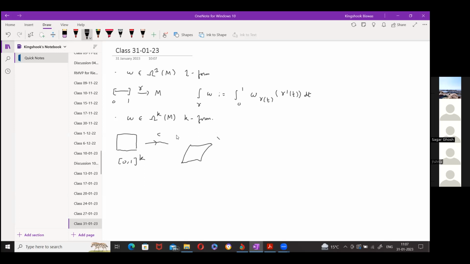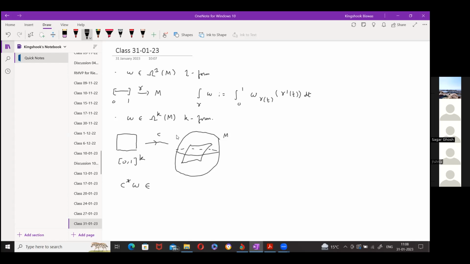Okay. So say this could be the manifold. And we want to define the integral of omega over this parametrized K cube. So how do we do that? Well, we can pull back the form omega to get a form on the unit cube. So you look at c star omega.